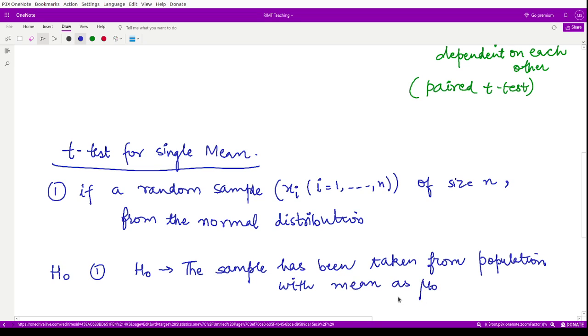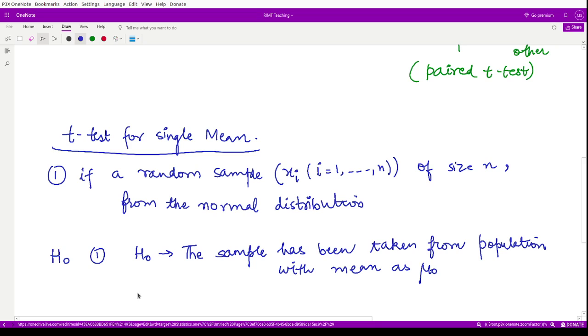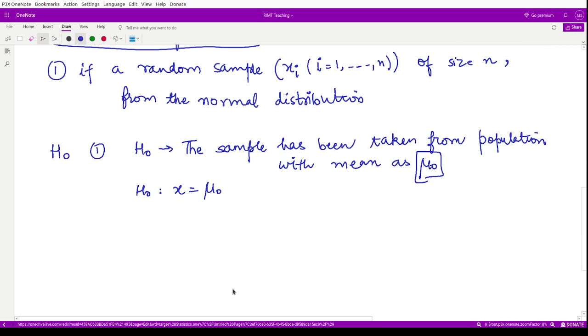So that means what would be your hypothesis here? H naught would be that x bar is equal to whatever value is given to you. This mu naught would be some numerical value, so it would be equal to this number. This is the first thing that you may check.